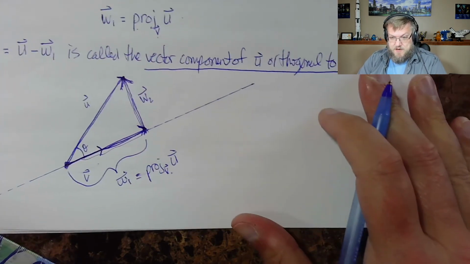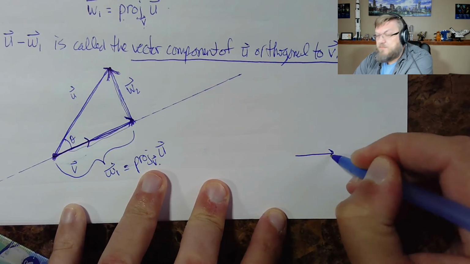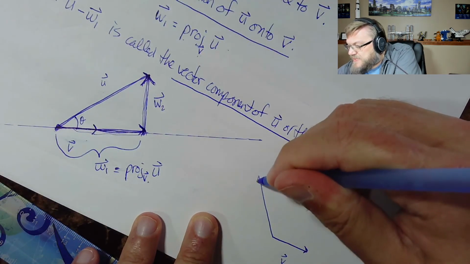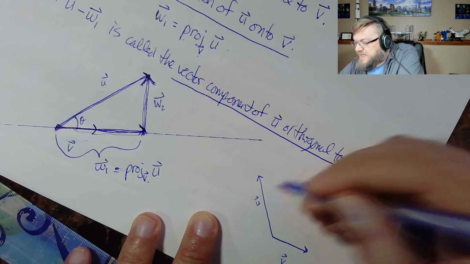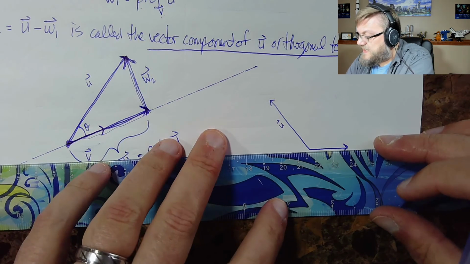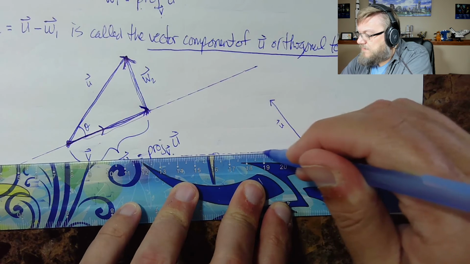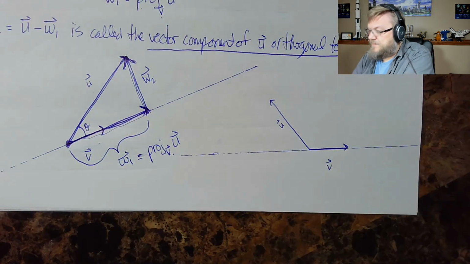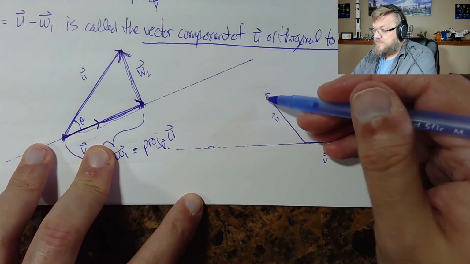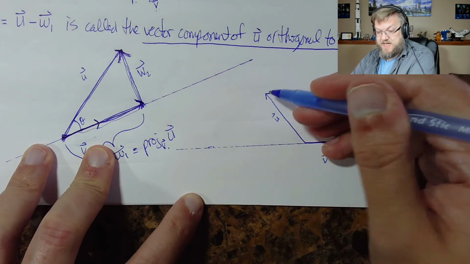Let's now draw an example where it's an obtuse angle. So suppose I have vector v hanging out over here, and let's say that u is obtuse. The angle that it makes with that is obtuse. The process is literally the same. Envision the line that v is located on. And now think of the vertical that it makes with that line and the horizontal that it makes with that line.